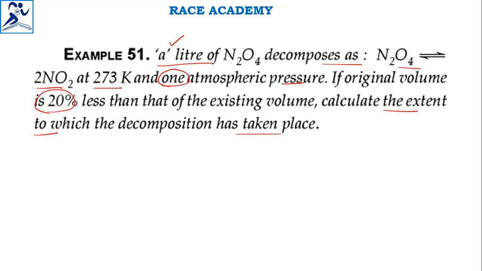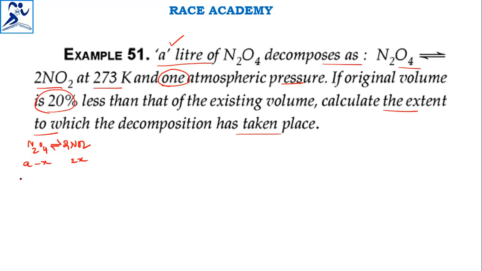Okay, here also you need to find the x value or alpha value. If you take the given equation, N2O4 in equilibrium with 2NO2, initial number of moles is A, and after decomposition it will be A minus X, and 2NO2 will become 2X moles, and total number of moles will become A plus X also.